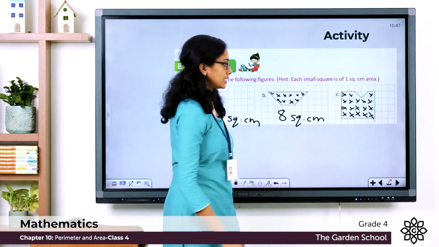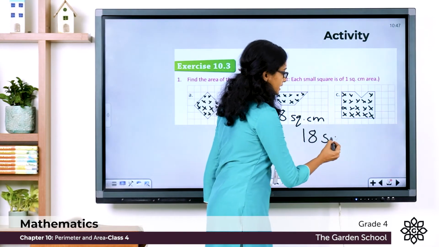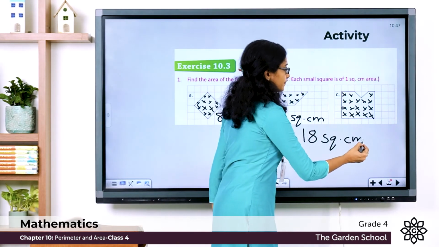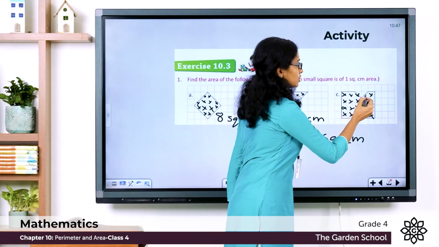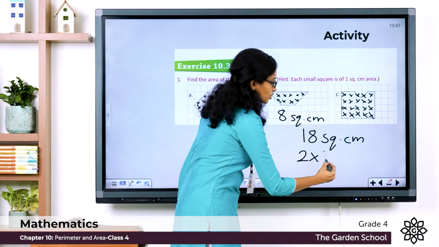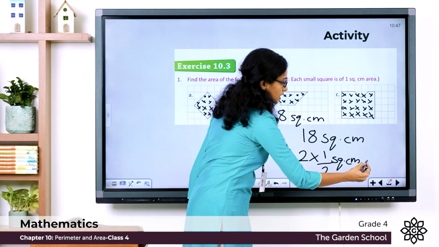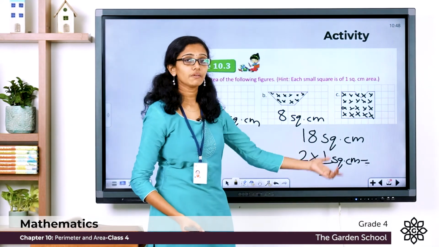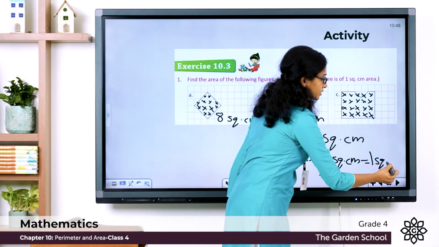There are 18 full squares which cover an area of 18 square centimeter. Now the number of half squares. So there are 1, 2. 2 half squares which cover an area of 2 into 1 by 2 square centimeter. And what is 2 into 1 by 2 or half of 2? It is equal to 1 square centimeter.